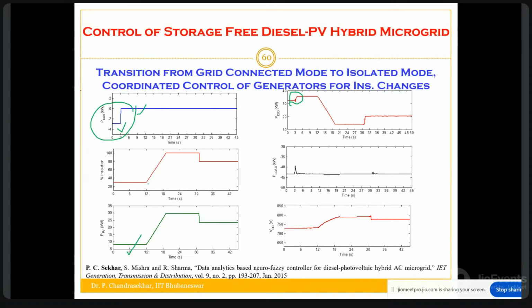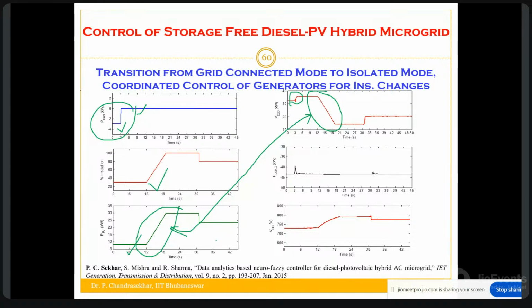Over time, if the PV power output is increasing, in order to utilize the PV generator to the maximum possible extent, the diesel generator has to decrease its power output at the same rate as that of the PV generator power output. So we have to have a perfect coordination among multiple units in the microgrid such that the system stability can be achieved.